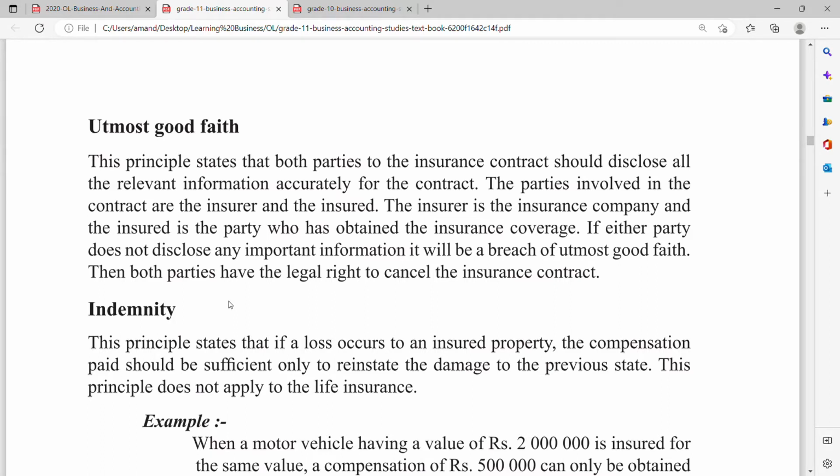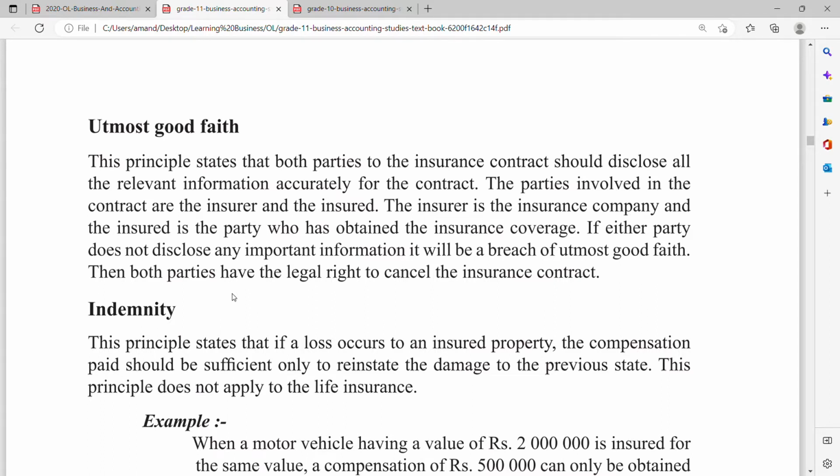Finally, indemnity. Here they are saying, as per this principle, if a loss happens to an insured property, then compensation must be paid only to reinstate that particular damage so the property can go back to its previous state. Remember, indemnity is the only principle that does not apply to life insurance.